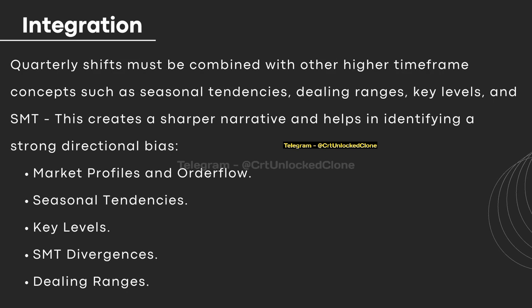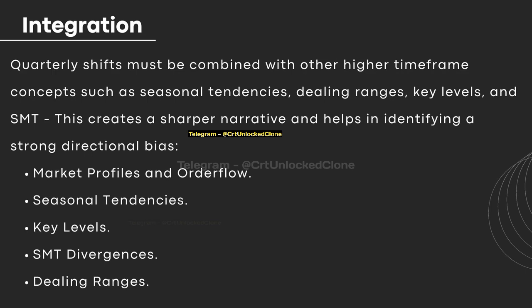Now, let's talk about the most important part of this chapter, which is how we're going to integrate quarterly shifts with the other concepts. As I said earlier, you must integrate quarterly shifts with the other concepts for it to work accurately, and we're going to learn about it in this part of the chapter. As I said before, it works best when it's used in a logical fashion around a logical framework with the other concepts, right?